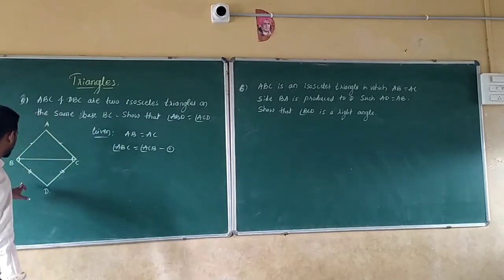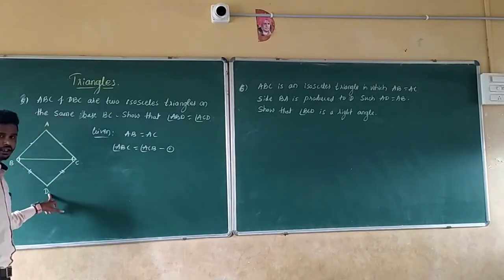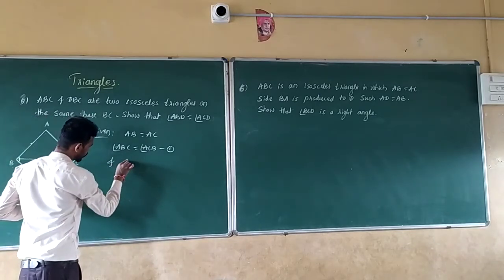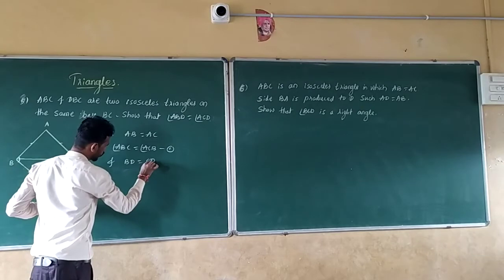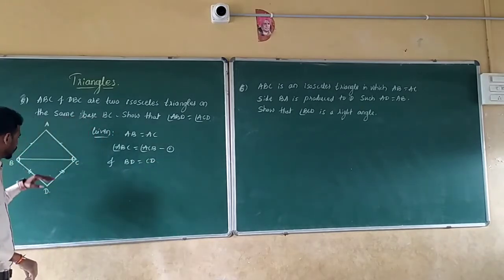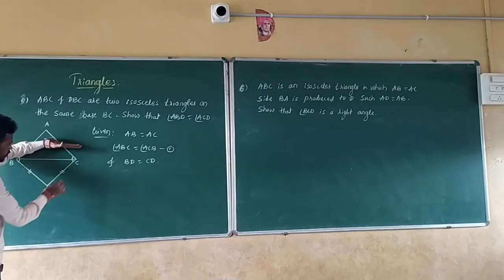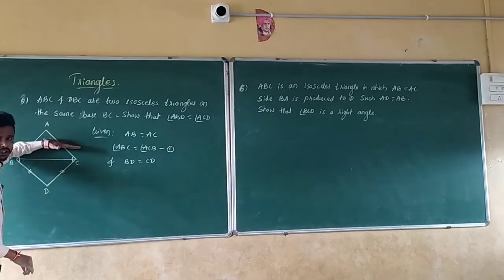And again, what are you given? BD equals CD, because this is also an isosceles triangle. So, same, angles opposite to the equal sides, these two angles will become equal by theorem 1.